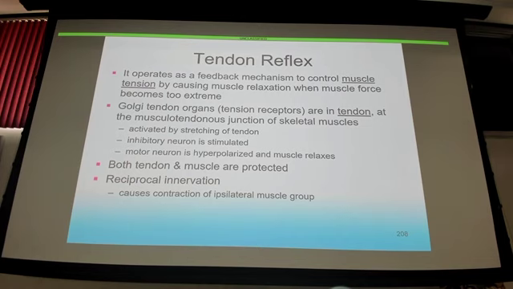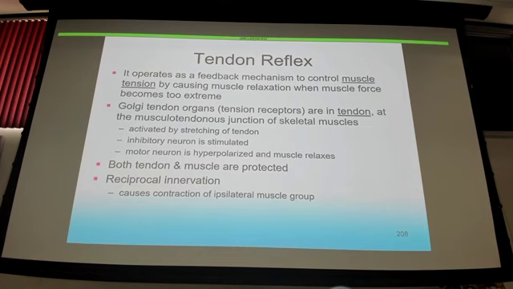So the tendon says, I'm going to go out and buy my own receptors to tell me if I have too much tension. The tendon has a Golgi tendon organ, a sensory organ that measures how much tension is on the tendon. I'm not going straight by the slides, but it's easier just to talk about.